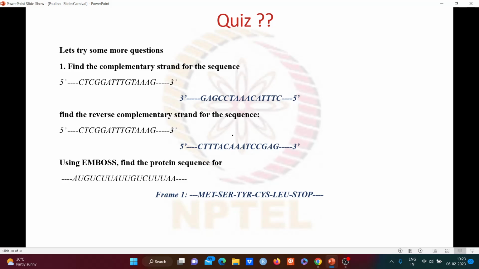When you are making frame 2, we'll remove the first element and build the 3 combinations from U. So the first combination will be UGU. So we'll exclude A in the second frame. Yes.